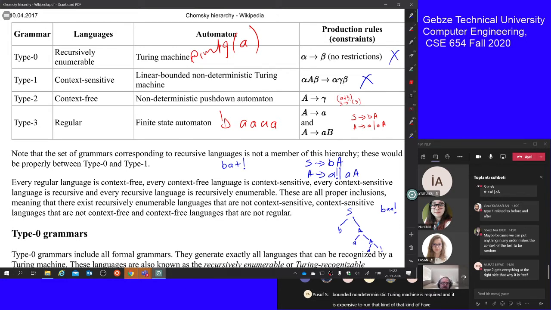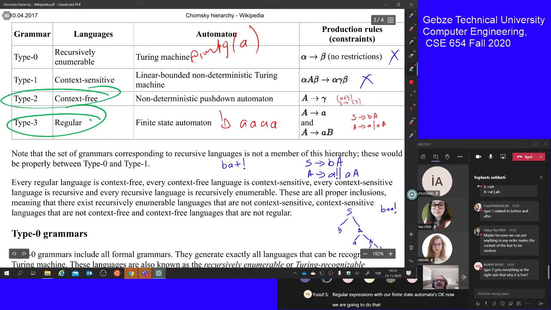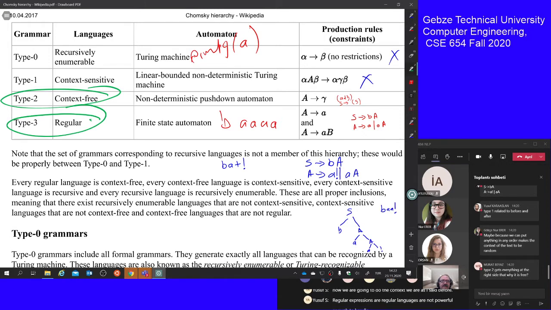Okay, up to now we did regular expressions with our finite state automata. Now we are going to do the context free. As I said before, our regular languages are not powerful enough to handle the complexities of natural languages.